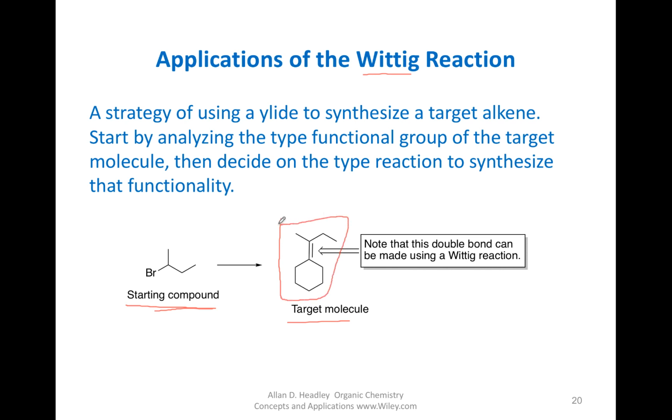Based on the strategy I recommend, look at your target material and identify the functional group. It is a carbon-carbon double bond. We know that we can make carbon-carbon double bonds from a ylide and a carbonyl.